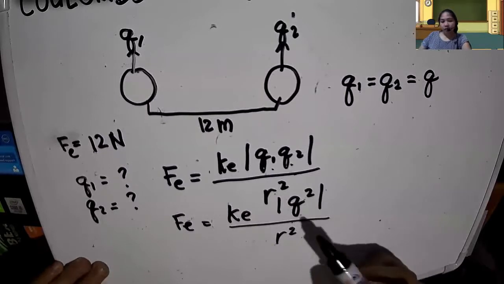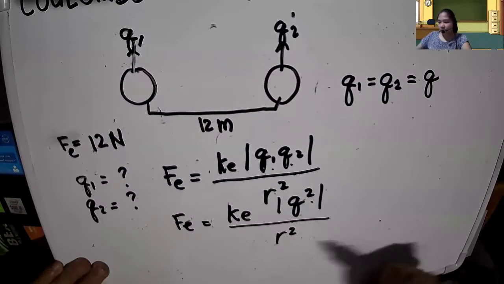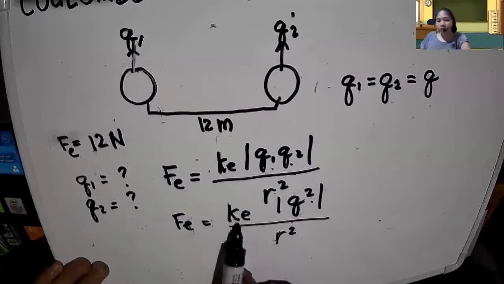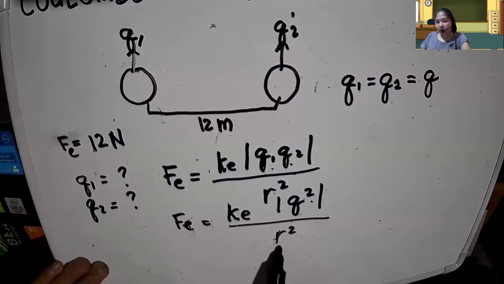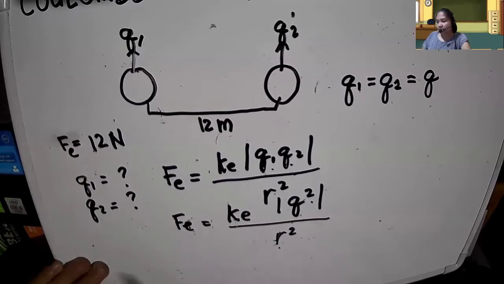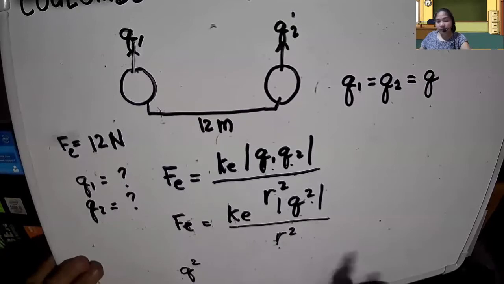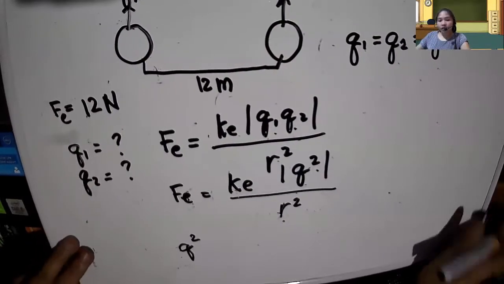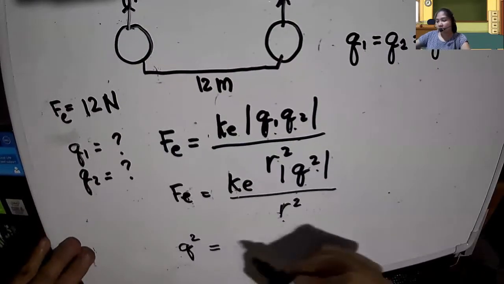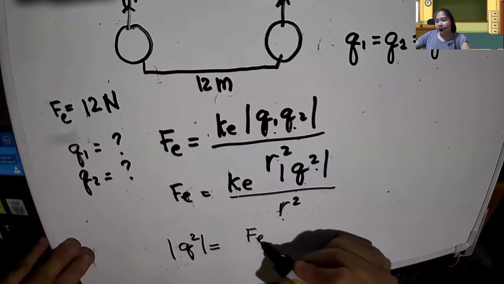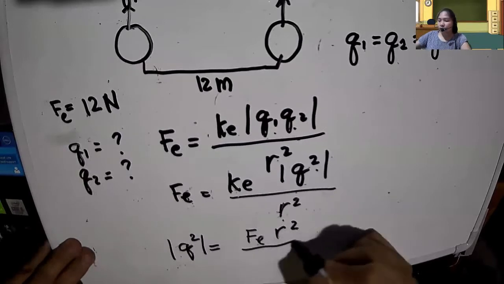So for us to get Q, we should transpose the equation. The constant should be transposed below, and r squared should be transposed to the left side. So Q squared is equal to Fe times r squared over Ke.